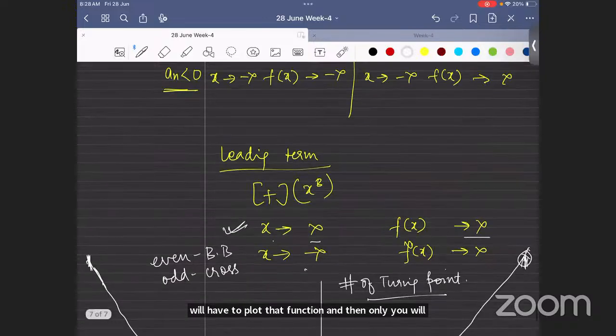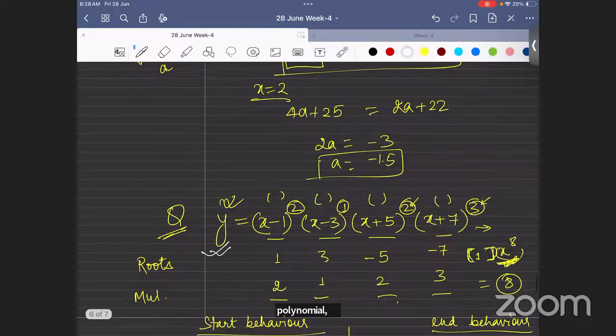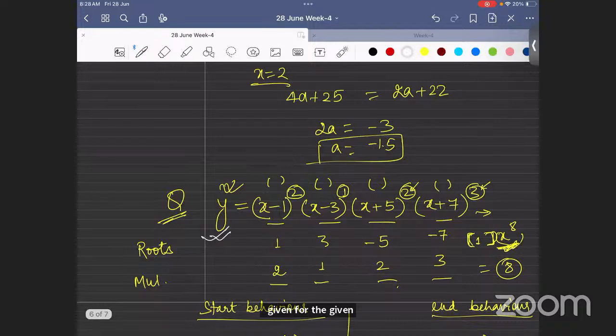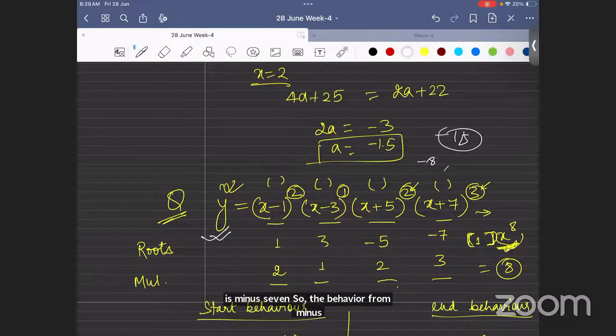For the given polynomial, they can ask where the function is increasing. Even without plotting, you'll be able to solve it by putting in some random values, maybe -8 or maybe -15, and checking how the function behaves. Because the first root you get from minus infinite is -7, so the behavior from minus infinite to -7 will be the same if you know how the function is at two points.